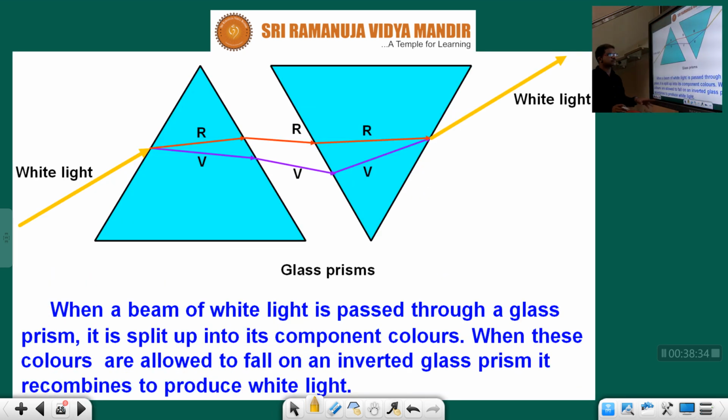Okay, see children, this is the case. In this, observe once, a white light is falling on that prism. I am taking only 2 rays, children, red color and violet color, which have the highest wavelength and the lowest wavelength. So in the first prism, whenever it passes through, it gets split into red color and violet, and we took another prism, children, with the same dimensions but inverted. The orientation is inverted now.